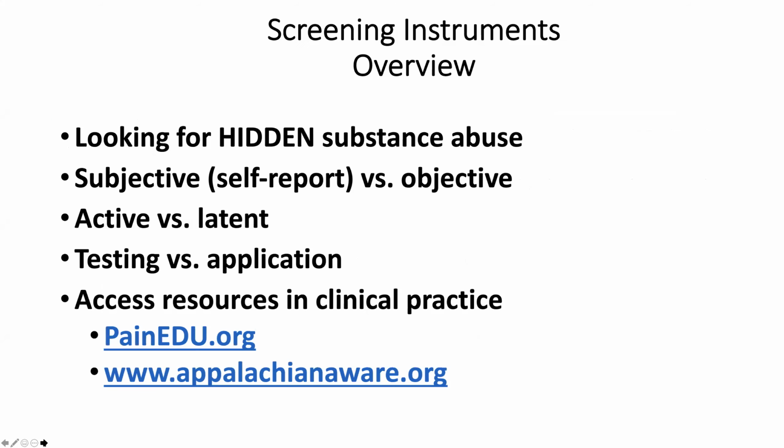Now, with all of that said, one of the things they didn't really talk a lot about, and I threw this out to y'all earlier today, was screening instruments: looking for hidden substance use and abuse, subjective or self-report versus objective, active or latent testing.